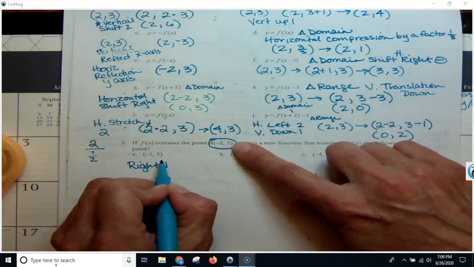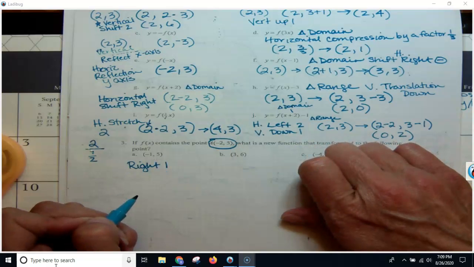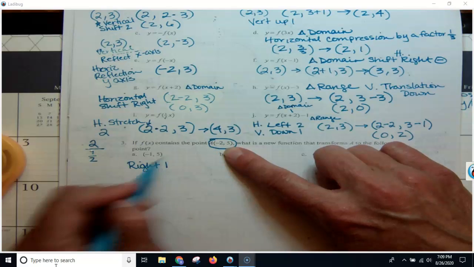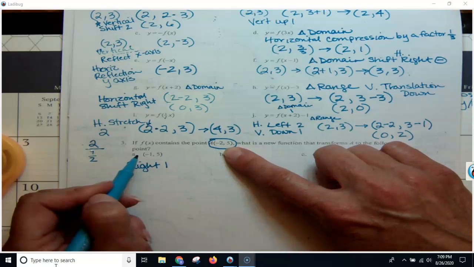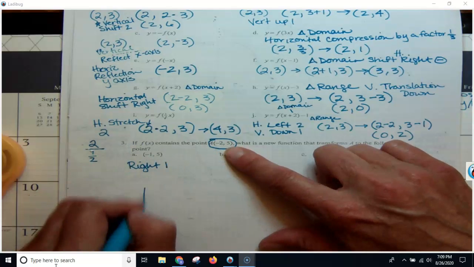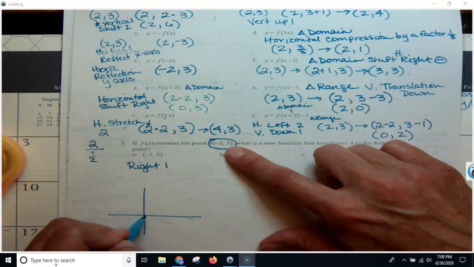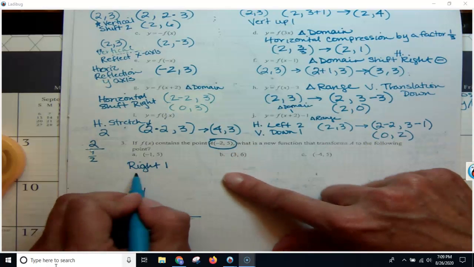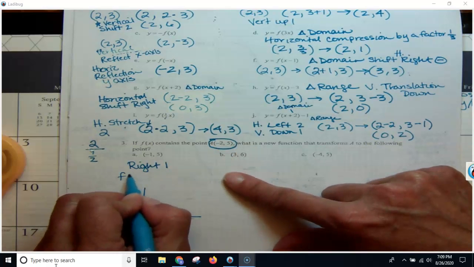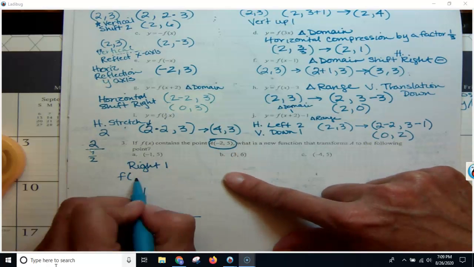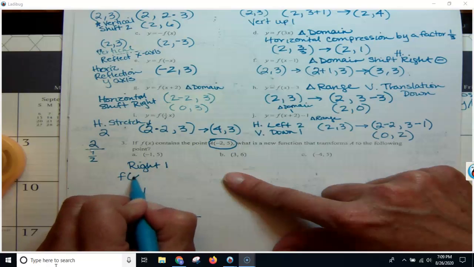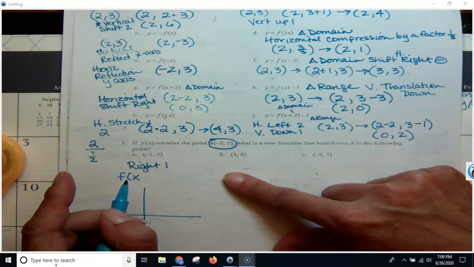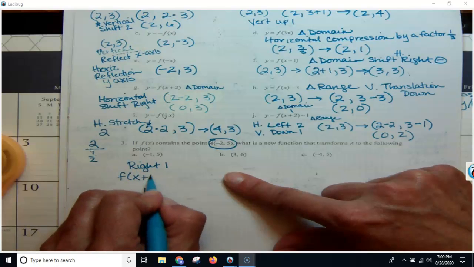And if it went from 5 to 5, it didn't move at all vertically. So I'm going to say this is f of x, f of, how do I make it go to the right by 1? You're going to add 1.